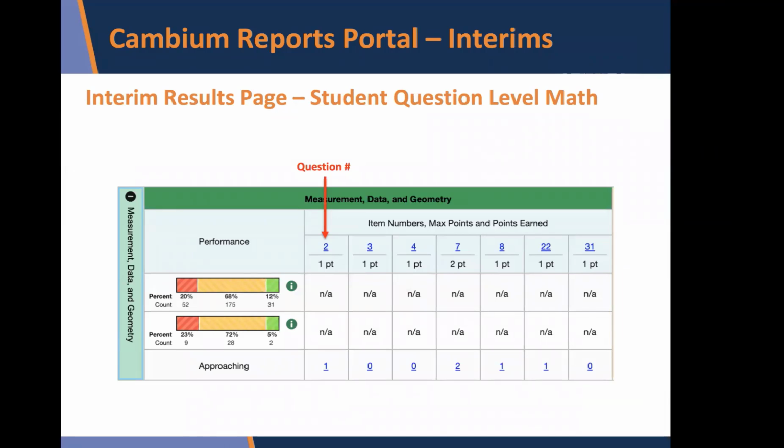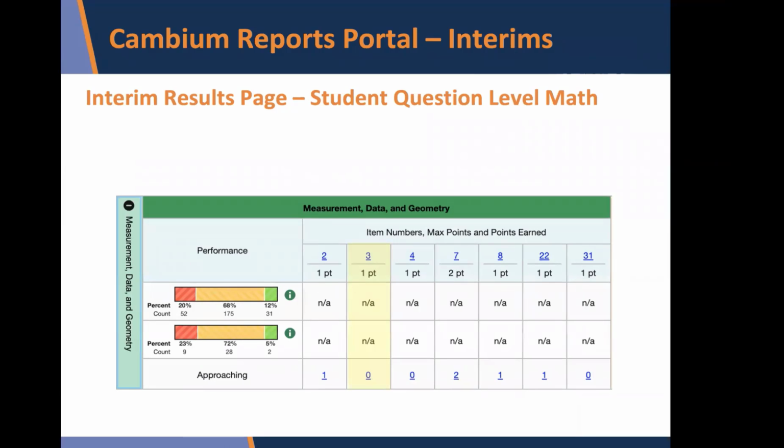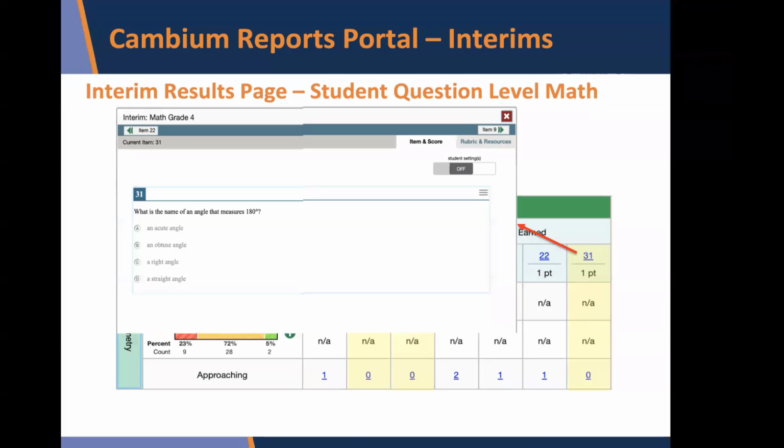Here's the question number, here's the point value for that, and here's the points awarded for that particular question. Now if we look deeper, we can see that she had 3 questions that she did not answer correctly.